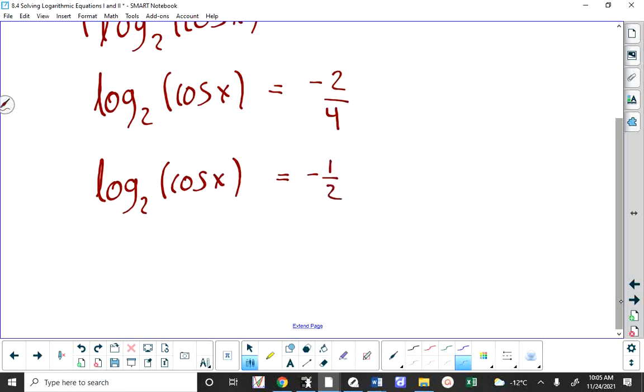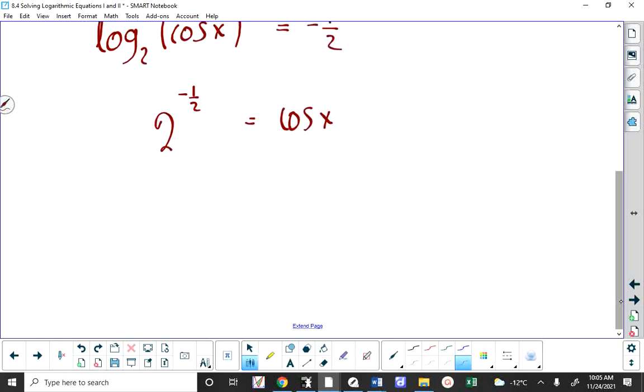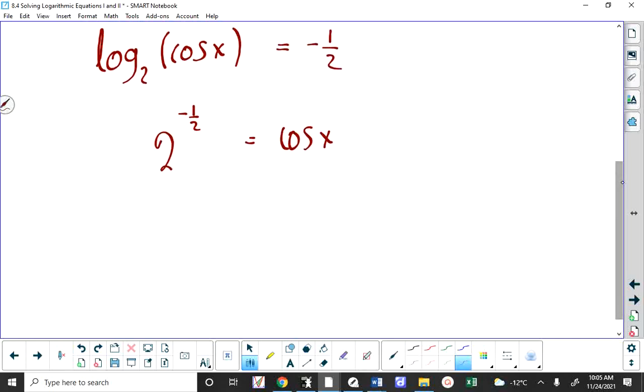I rewrite this in exponential form and get 2 raised to the negative 1/2 equals cosine of x. What does 2 raised to the negative 1/2 mean? It means 1 over 2 to the half. This is equal to cosine of x.